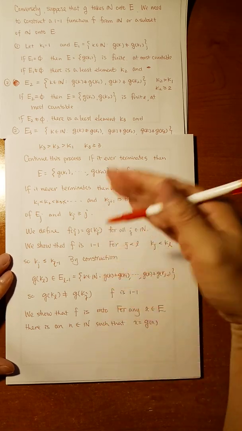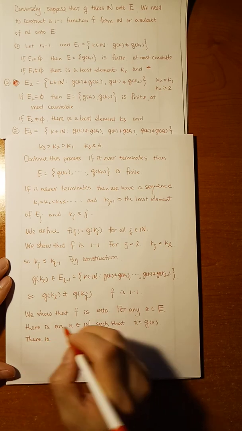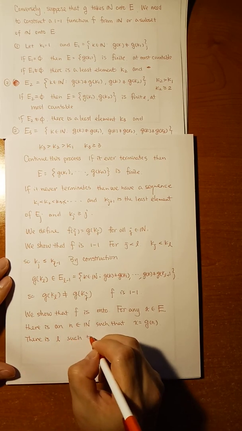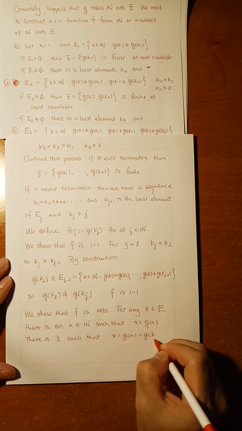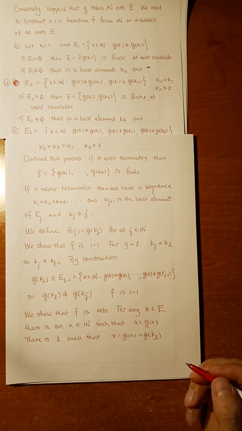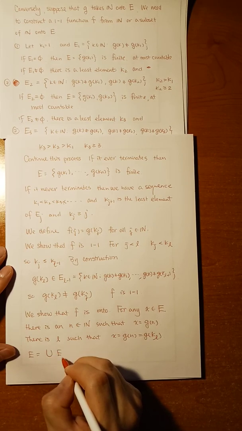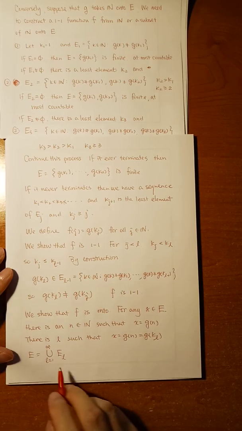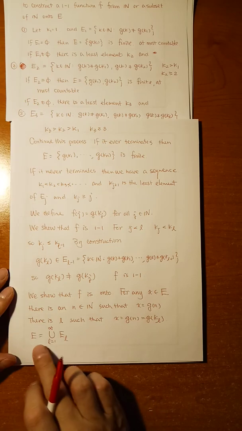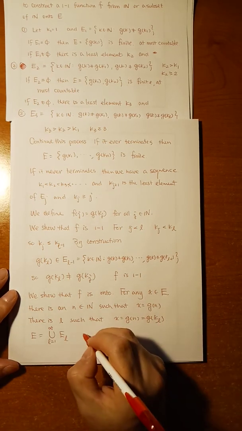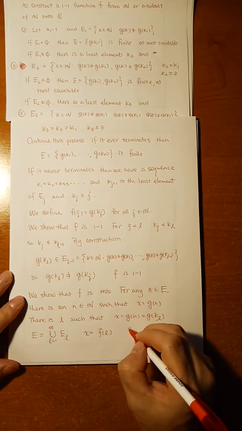And because E1, E2, E3 exhaust the whole set E, there is an L such that x is equal to G(n), which is G(KL). Eventually you will exhaust the whole set E, so it will belong to one of the G(KL). Then x is equal to F(L). So F is onto.